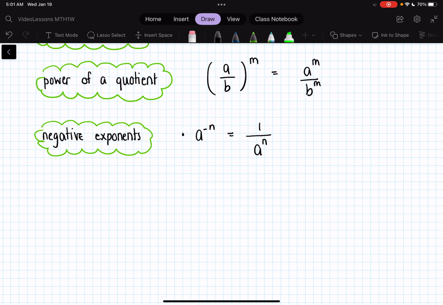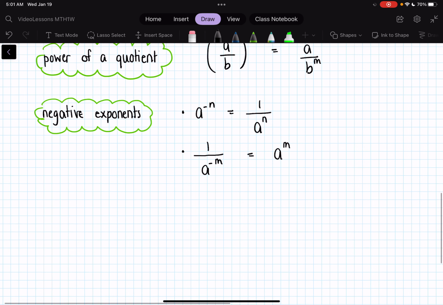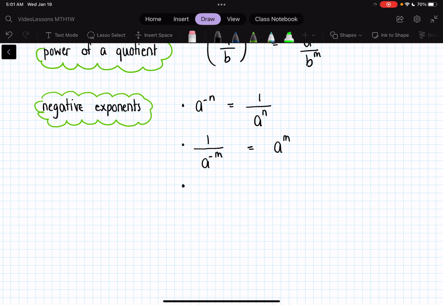So we flip it. This would have been like a over 1, and it becomes 1 over. Likewise, if it was negative in the denominator, then we bring it up to the numerator. And remember, we don't write over 1. If it was an actual fraction, so we had two components, numerator and denominator, and then we have a negative exponent, then we just flip the fraction, and now it has a positive exponent.